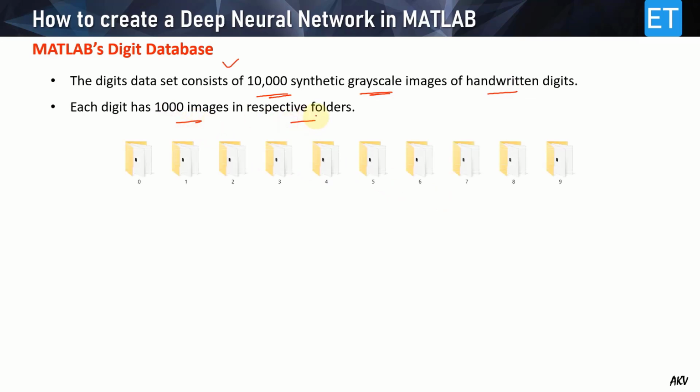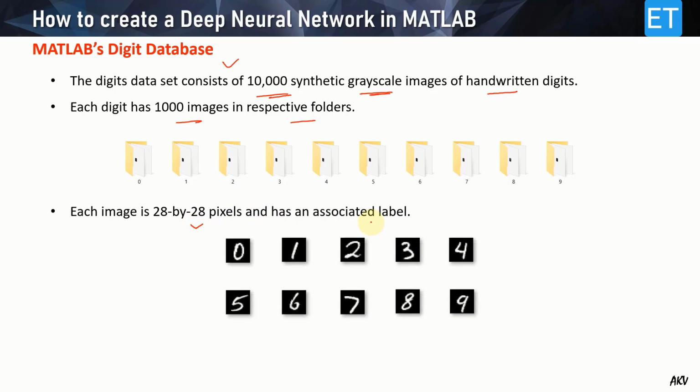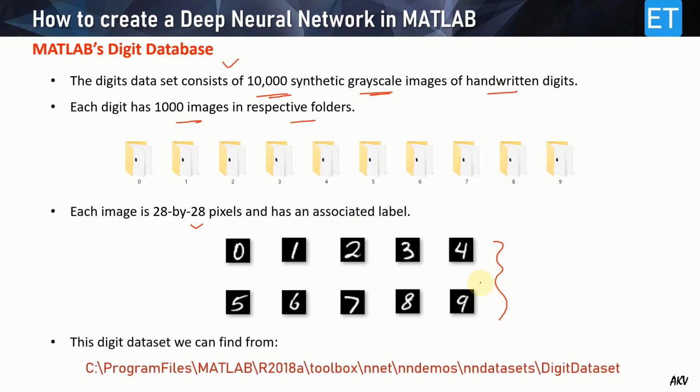As you can see, we have 10 folders, and each folder carries 1,000 images of each digit. These images are of size 28 by 28 pixels, and they have the associated label also. These are a few examples of these digit images you can see.